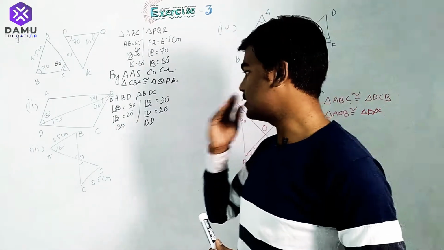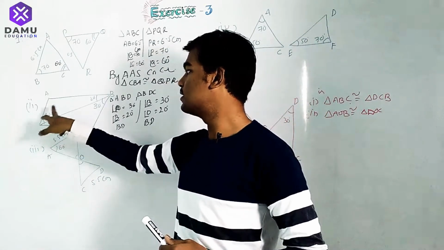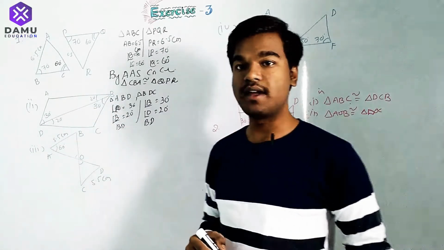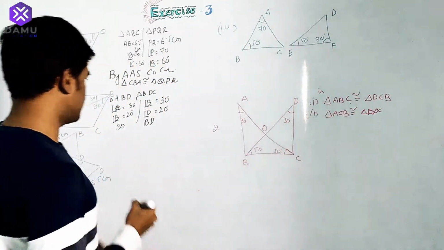So here we have angle, side, angle, so the criterion is ASA.